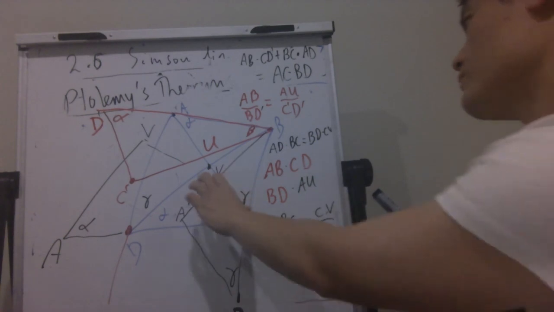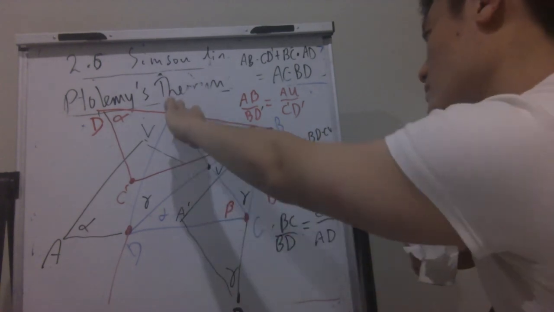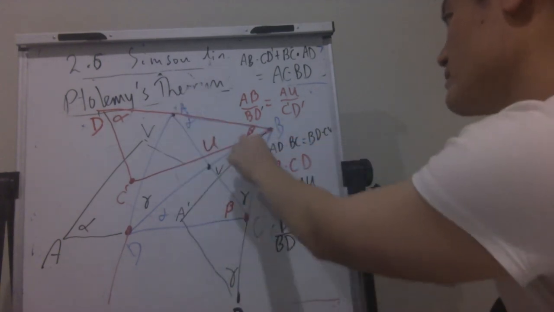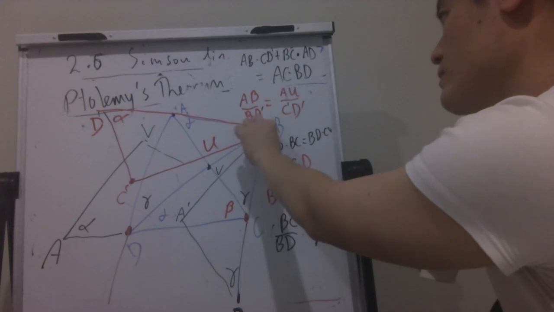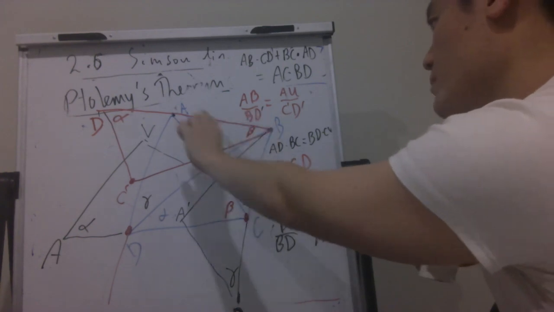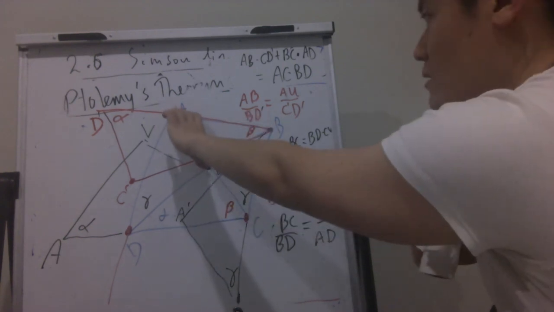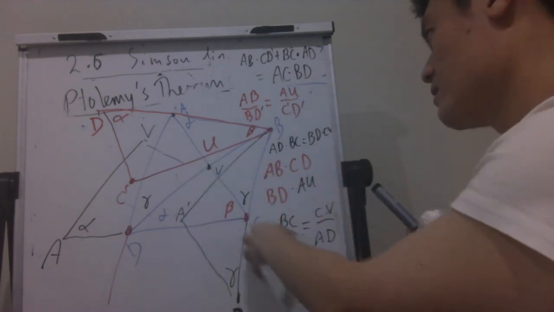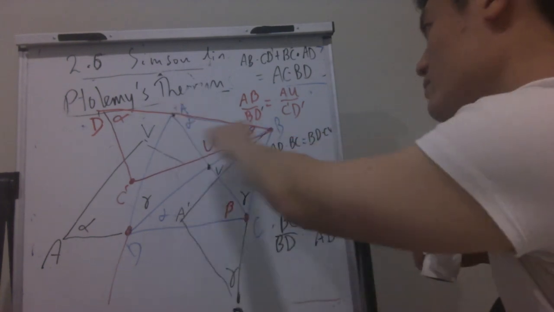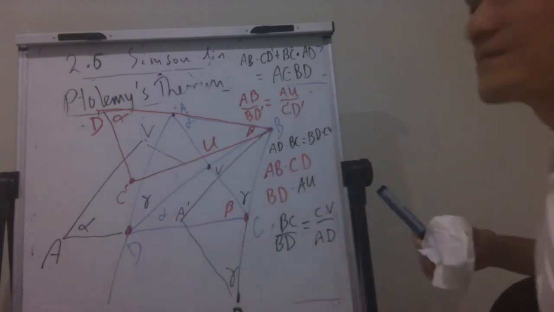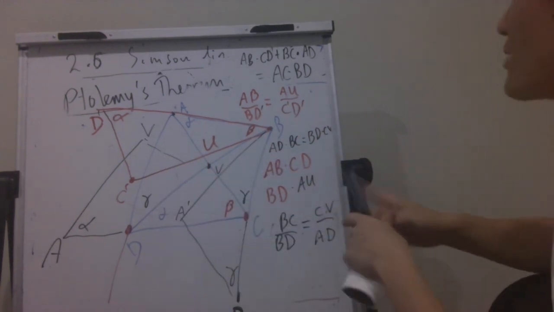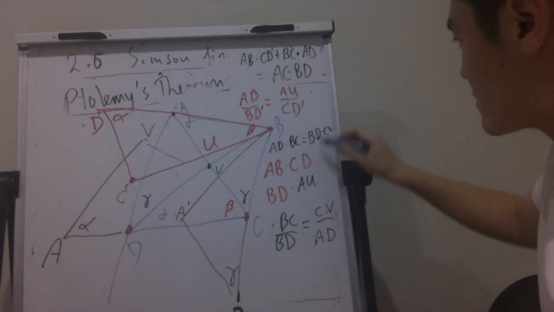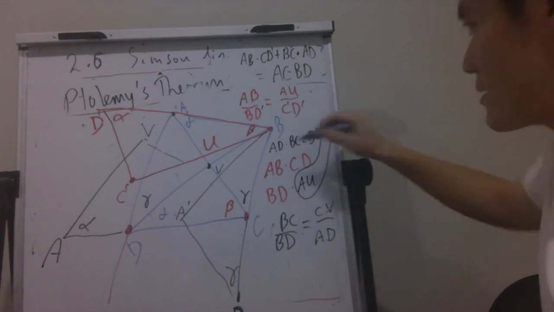For example, when you move this line over to BAD, that angle at this point is how much that covers. And when you move this over here, that angle is covered the other way. So the point is AU plus CV is equal to AC.